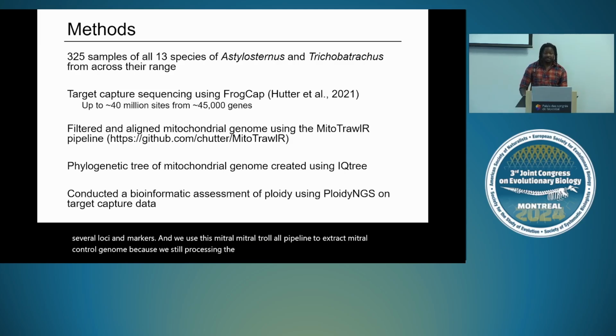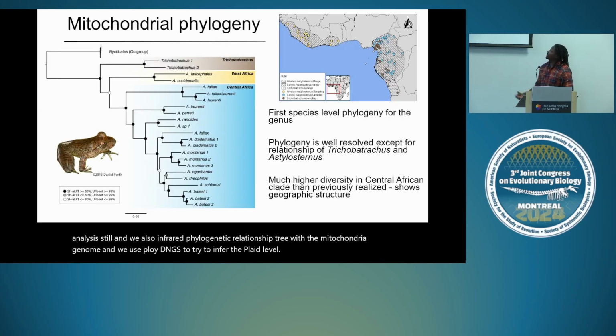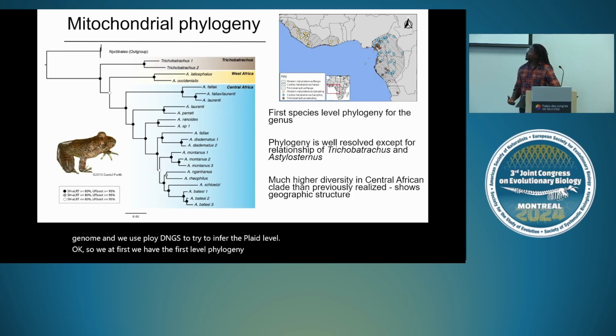Like this morning, I was still running some analysis. And we also inferred the phylogenetic relationship tree with the mitochondrial genome, and we use ploidyNGS to try to infer the ploidy level.